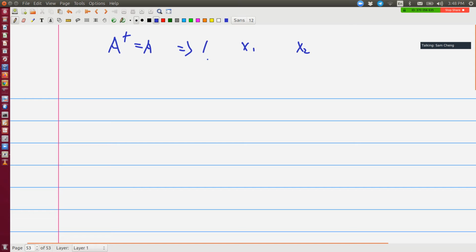That means I have A x1 equal to lambda 1 x1, and A x2 equal to lambda 2 x2. I have two different eigenvectors, and let's say the eigenvalues are not the same. Then x1 will be perpendicular to x2.